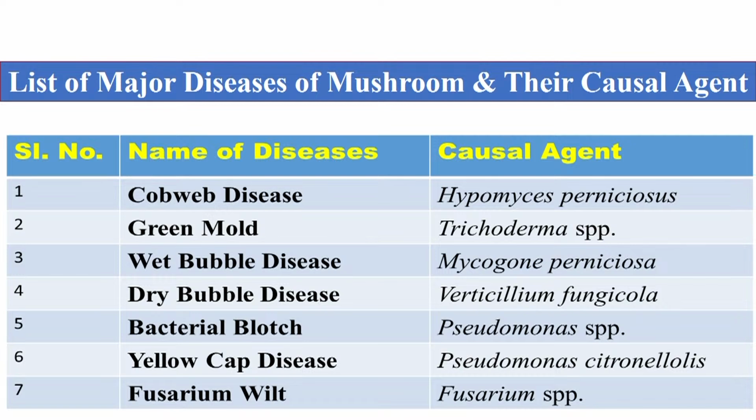Wet bubble disease is caused by Mycogone perniciosa. Dry bubble disease is caused by Verticillium fungicola. Bacterial blotch is caused by Pseudomonas species, and yellow cap disease is also caused by Pseudomonas. Then there is Fusarium wilt, caused by Fusarium species. So these are some of the major diseases of mushroom.